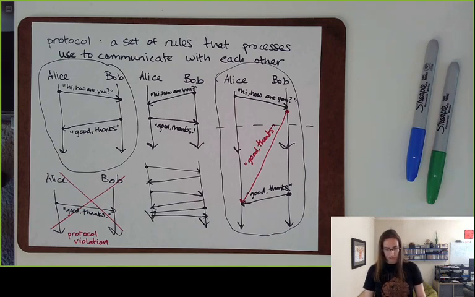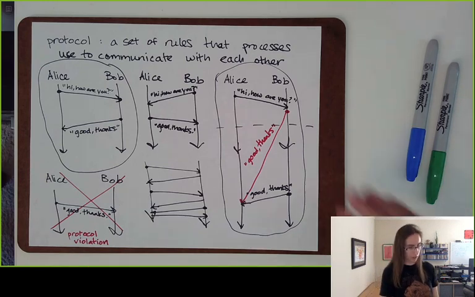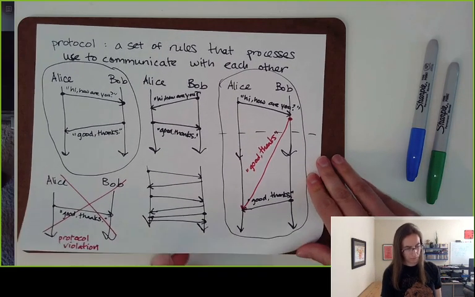So let's see an example of that for something other than just this simple, hi, how are you, good, thanks protocol. Let's look at a property that we really, really care about in distributed systems.